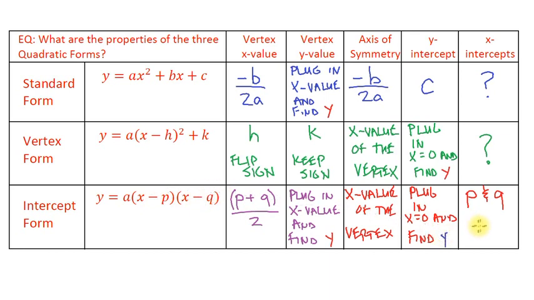That means to find the x-intercepts, we're going to have to flip the signs. Flip the signs for both of these, and we'll be covering how to do that later. So there's your basic table that tells you how to find these key pieces of information on your graph when you have the three different forms of a quadratic equation.